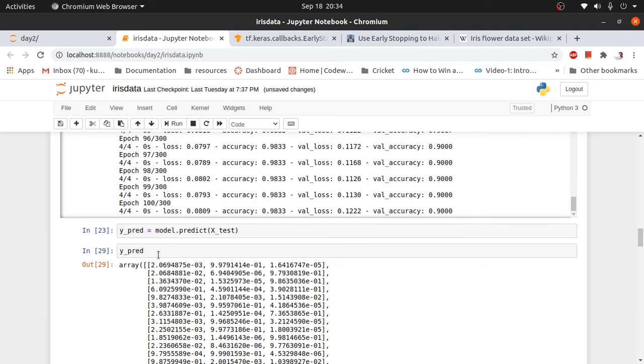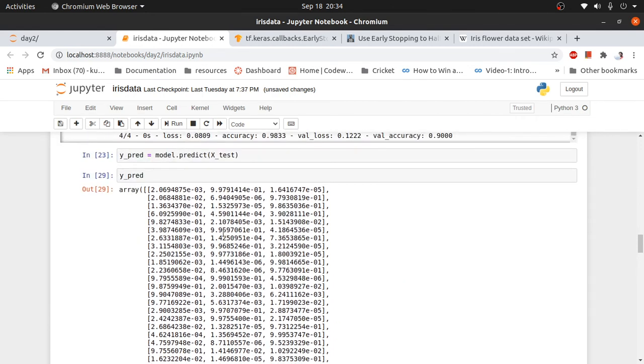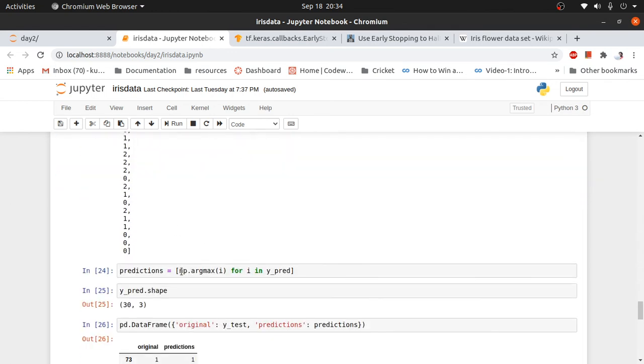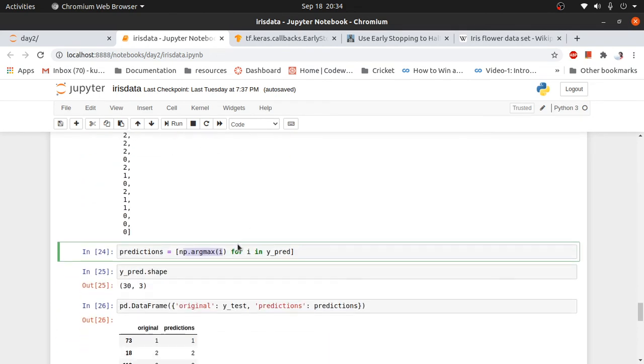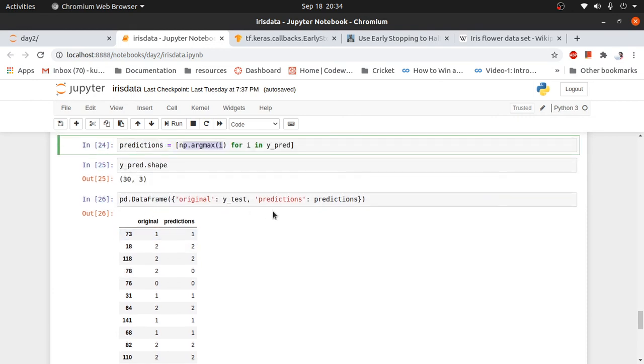What we are doing with the help of np.argmax is taking which class is having the highest probability. That's what this function, np.argmax, is doing. For all these values, we are taking the argument of the maximum value and storing it in a list called predictions, and then we are creating a data frame.